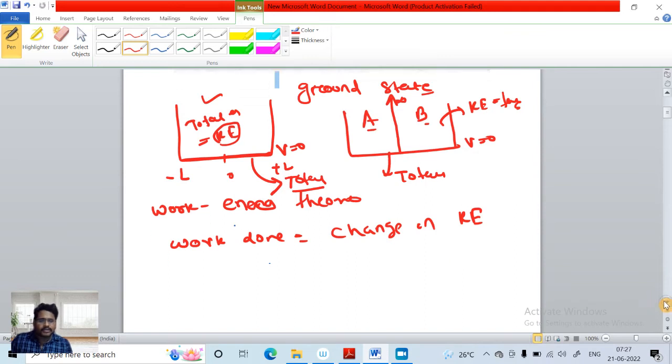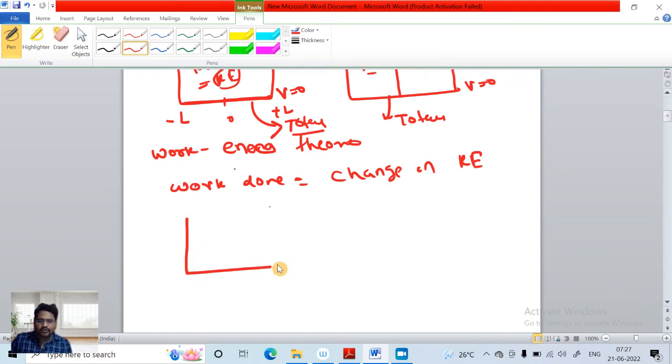But here the question is that suppose when there is no separation, the particle is confined within this box.